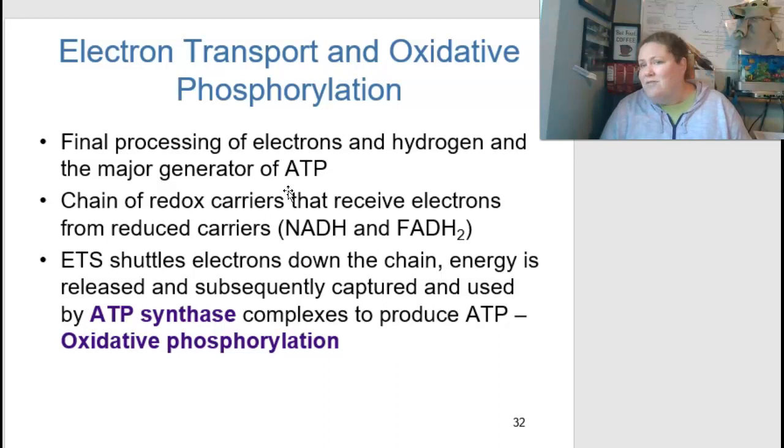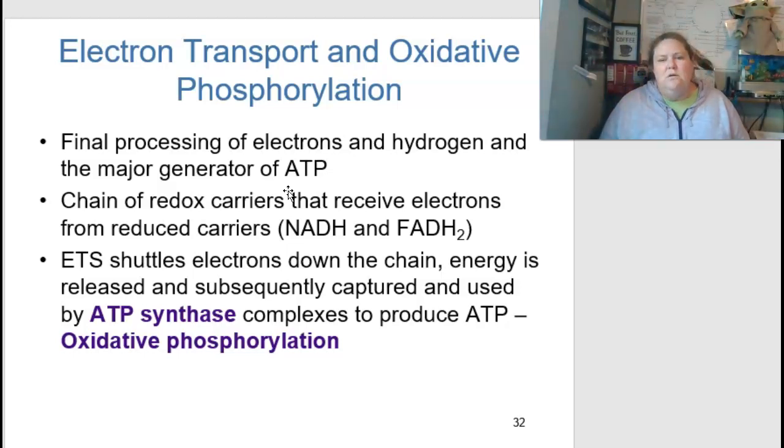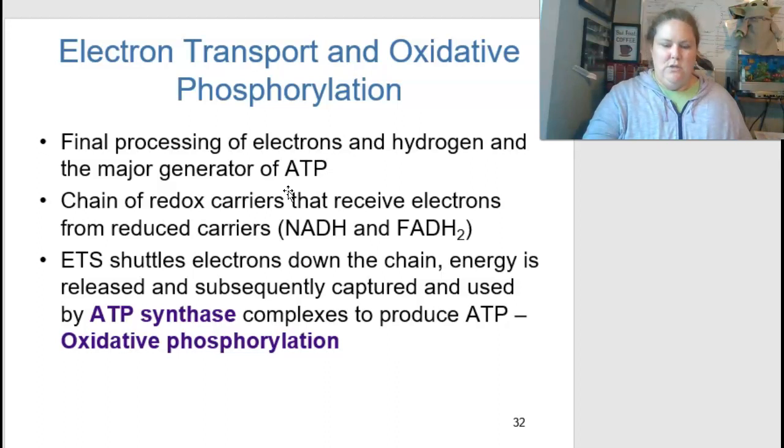And remember, synthesis is a fancy word for to make. So what does it make? ATP. Like I said, enzymes are a lot of times named for their function. The ATP synthase complex produces ATP through the process of oxidative phosphorylation.